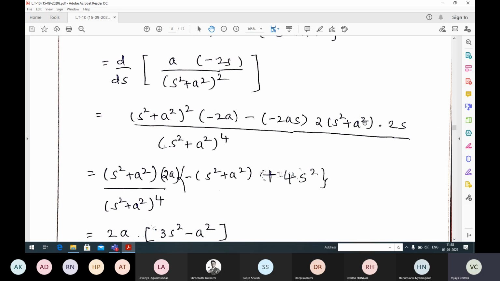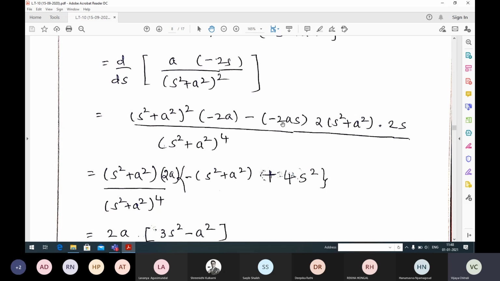From both the terms, s square plus a square is common, and 2a is also common, so take them outside: 2a divided by s square plus a square raised to 4. Inside the bracket we have s square plus a square raised to 2, with 1 factor outside, leaving s square plus a square with the negative sign.